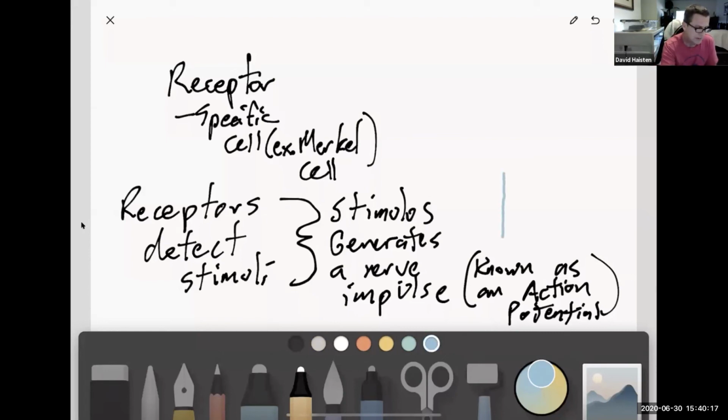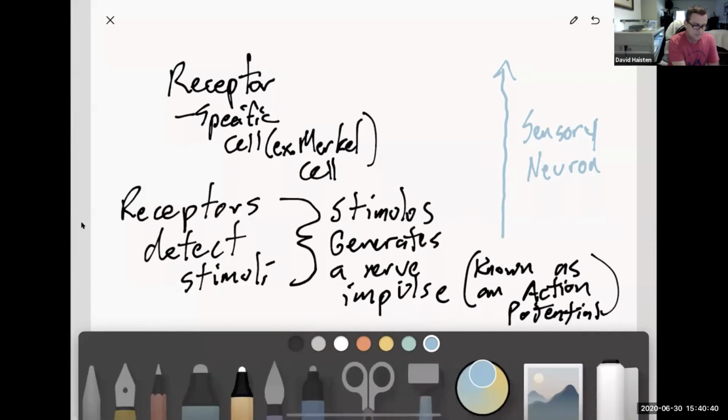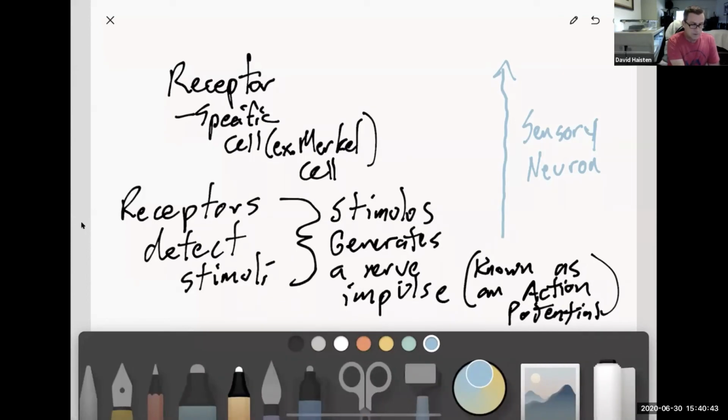This is sent to what's called a sensory neuron. Neuron's a nerve cell. So a sensory neuron sends this stimulus to what's known as your central nervous system, brain, spinal cord.